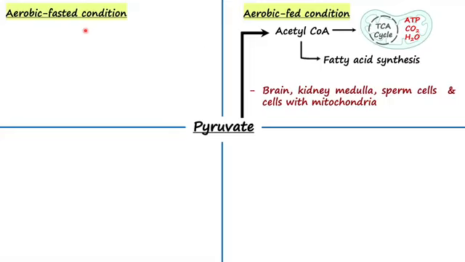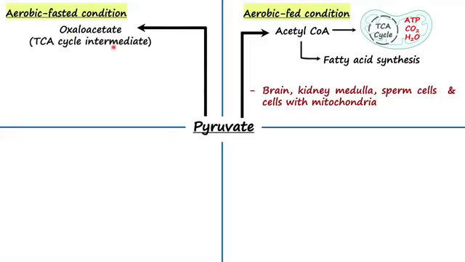So during this time, pyruvate is converted into oxaloacetate, and oxaloacetate is a TCA cycle intermediate, and oxaloacetate is then subsequently converted into glucose through gluconeogenesis pathway in the liver.